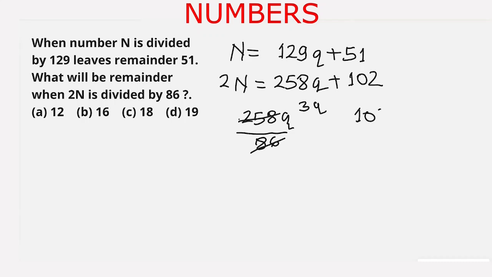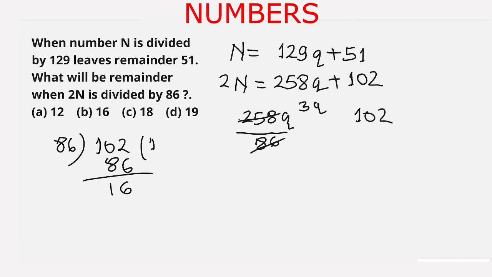Now we divide 102 by 86. 102 divided by 86, it divides one time, and 86 when subtracted from 102, we get 12 minus 6 is 6, 9 minus 8 is 1. So the remainder will be 16.